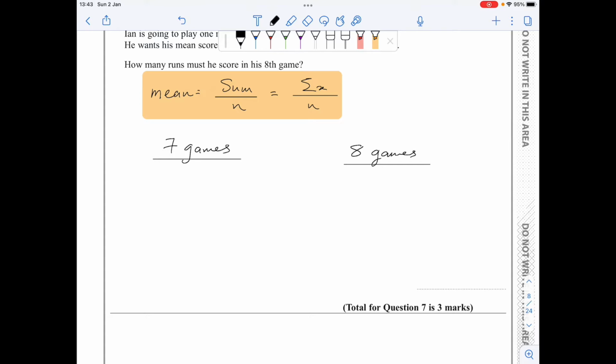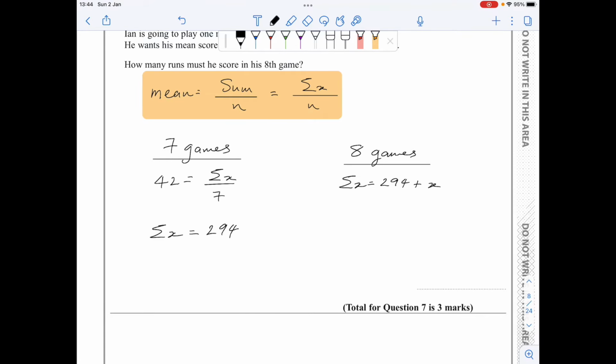Now, using the formula above for the 7 games, I have 42 equals the sum over 7. So the sum of these 7 games has a total of 294. For the 8 games, the sum is equal to 294 plus an extra score which we don't know.